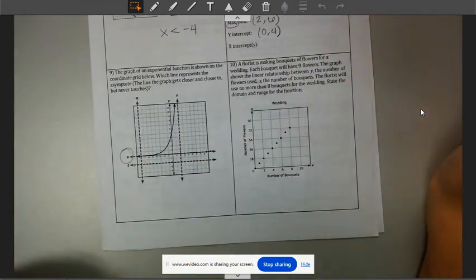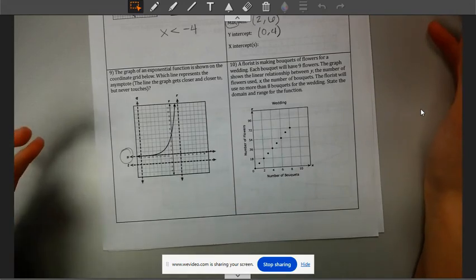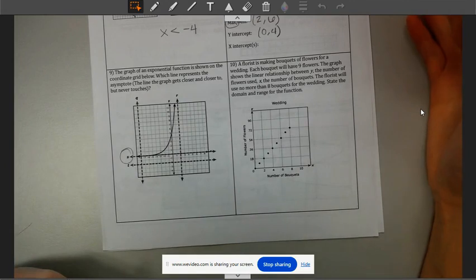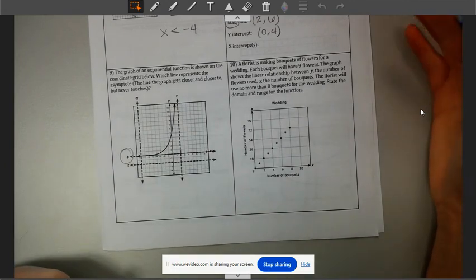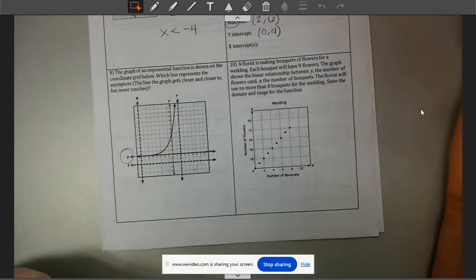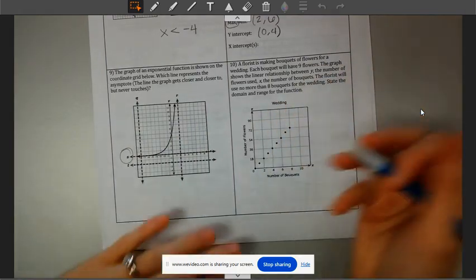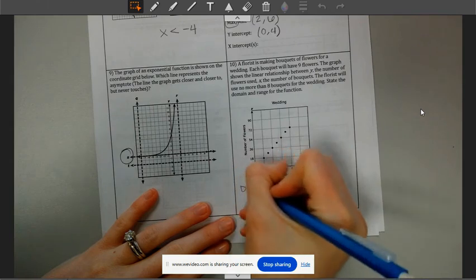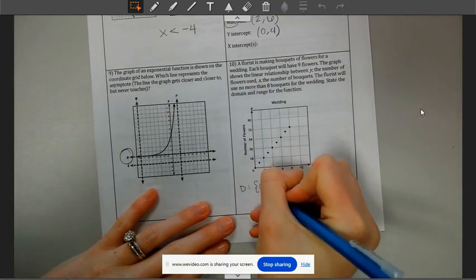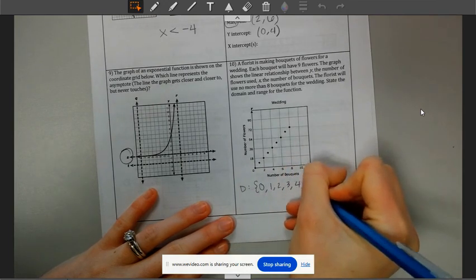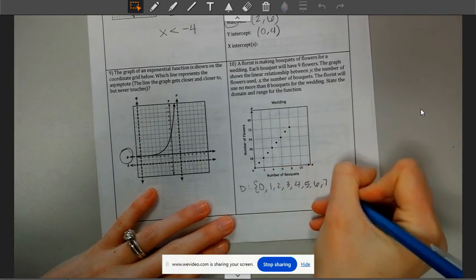10, a florist is making bouquets of flowers for a wedding. Each bouquet will have 9 flowers. The graph shows the linear relationship between y, the number of flowers used, and x, the number of bouquets. The florist will use no more than 8 bouquets for the wedding. State the domain and range. This is discrete. It's got dots. All you have to do is list the points. So starting, we had 0, 1, 2, 3, 4, 5, 6, 7, and 8.